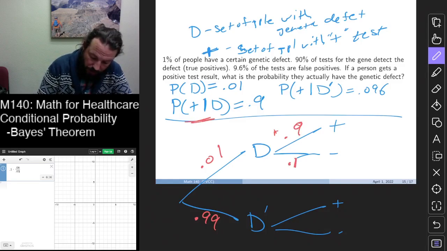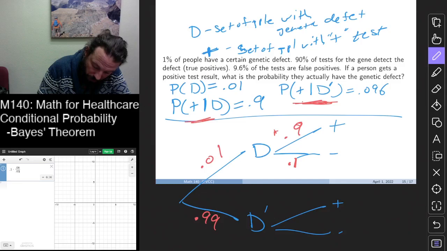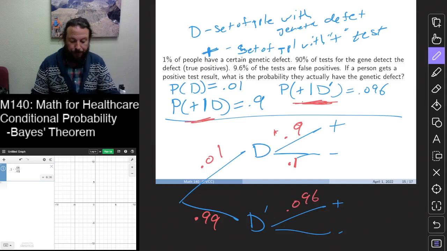And then notice this last thing, probability of positive test given we do not have the defect, or a false positive, that's 0.096.